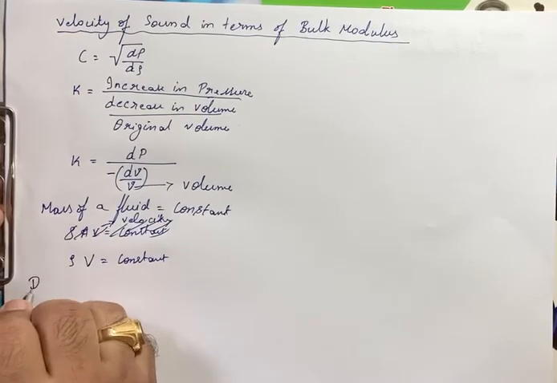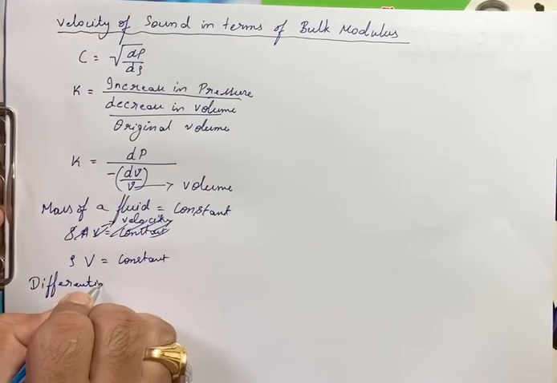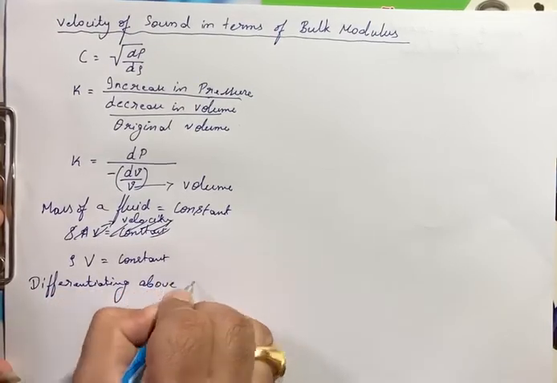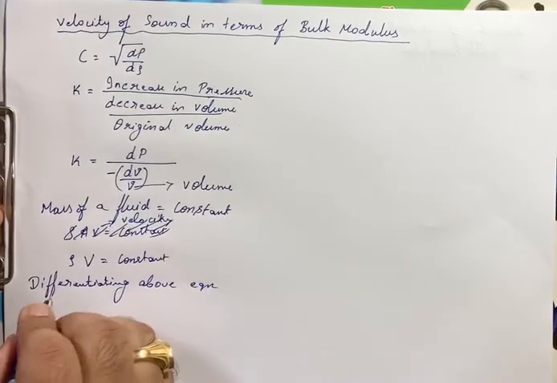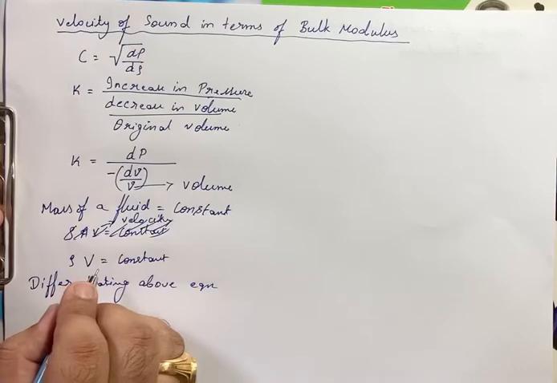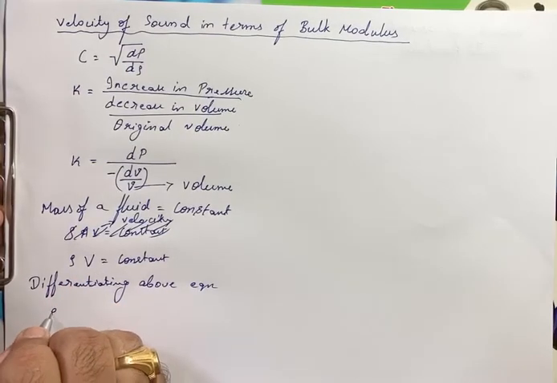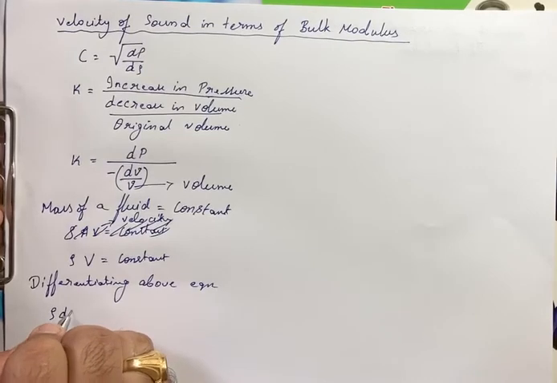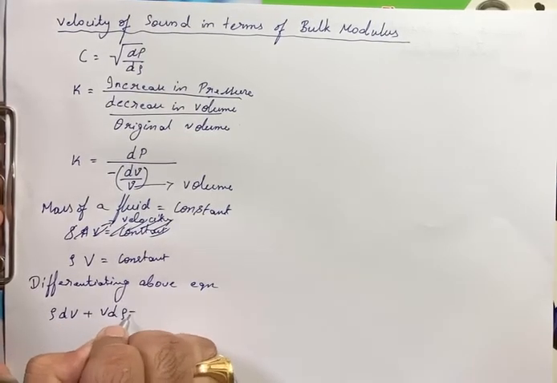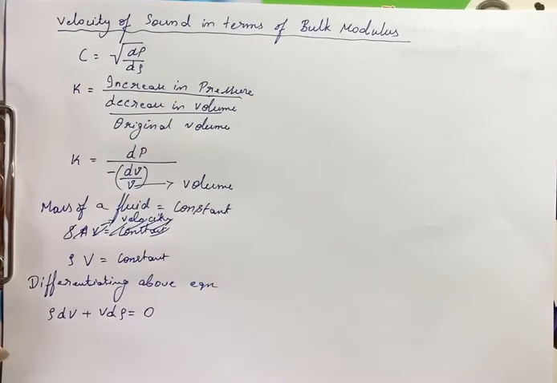After differentiating the above equation, first I'll differentiate in terms of v, then in terms of rho. So I can write rho into dv plus v into d rho is equal to 0. Differentiation of a constant is 0.